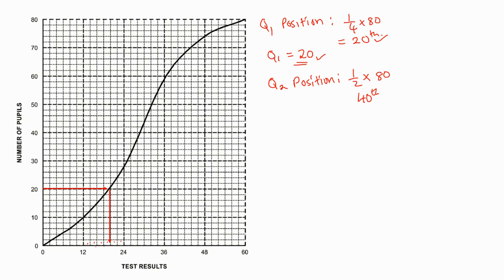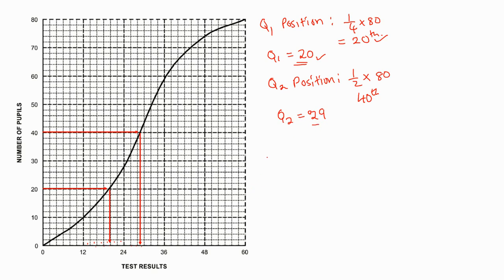And then we go to the 40th position, we interpolate, and then what do we get? Counting in twos, so it's 24, 26, 28, 30. So it's between 28 and 30. So it means the median is 29. The median is 29. Okay.